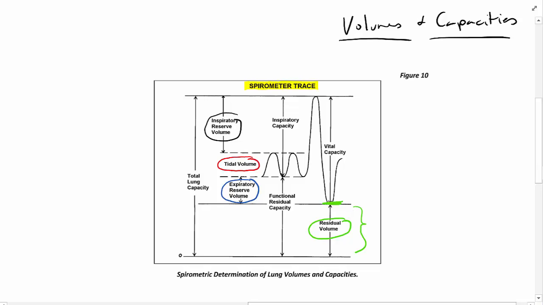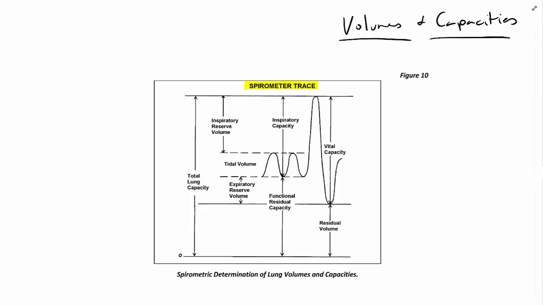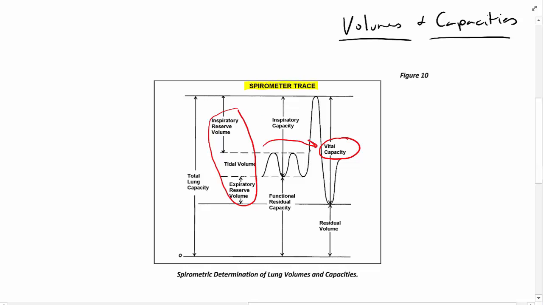So let's talk about capacities now. We said capacities are more than one volume. So over here we have our first capacity, vital capacity. Now we talked about this a little bit. This vital capacity is the inspiratory reserve volume plus the tidal volume plus the expiratory reserve volume. So these three volumes right here give you vital capacity. All right, and you can see that here.